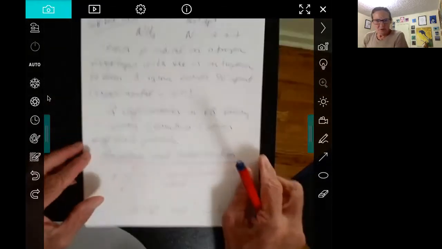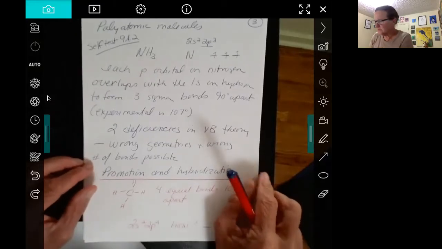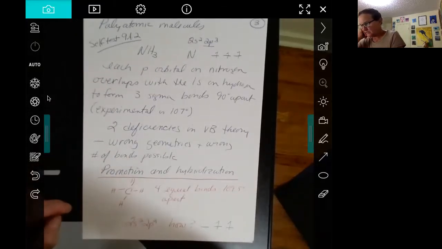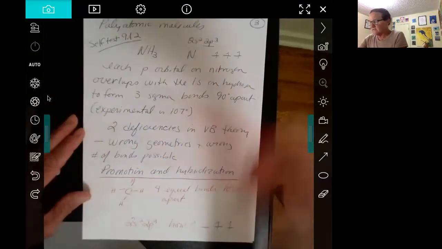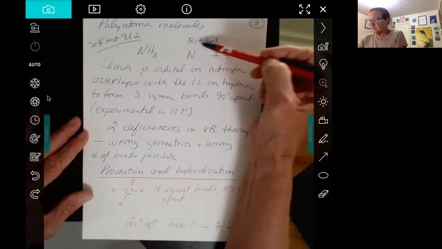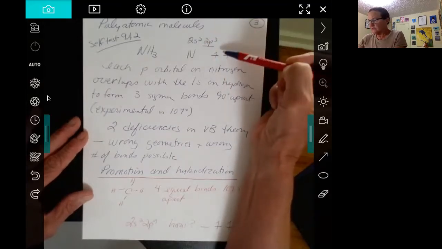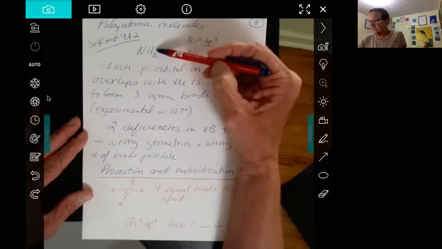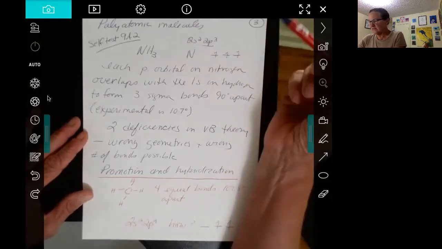So when we look at polyatomic molecules, we're going to have the same concepts. It gets a little crazier. So self-test 9A.2 asks us to describe the bonding in ammonia. And so the nitrogen, once again, has a 2s2, 2p3. So you have 3 p orbitals, each with 1 electron. Each hydrogen has a 1s electron.